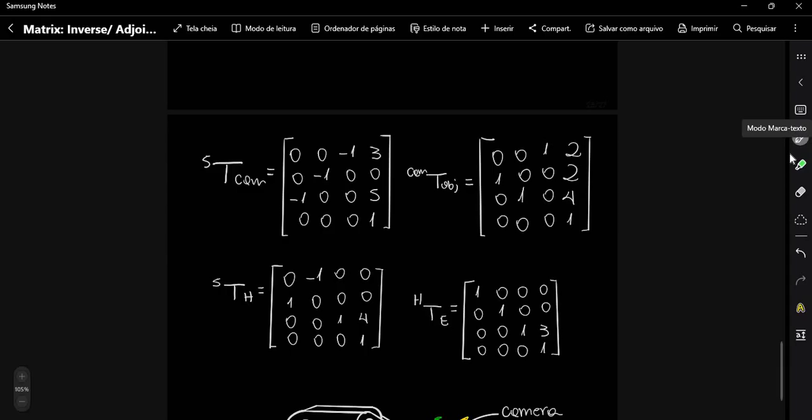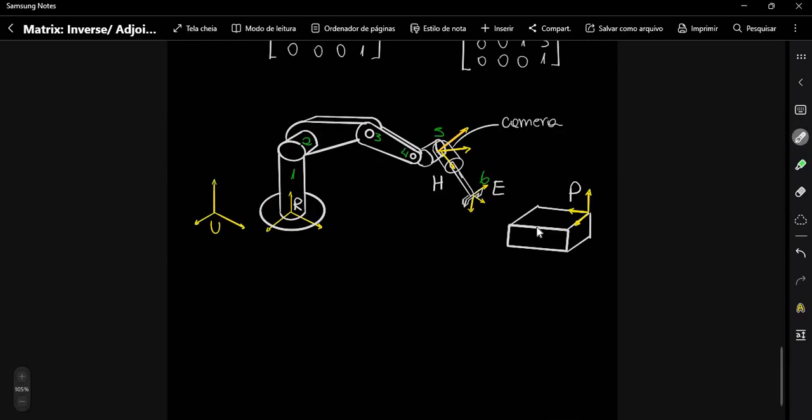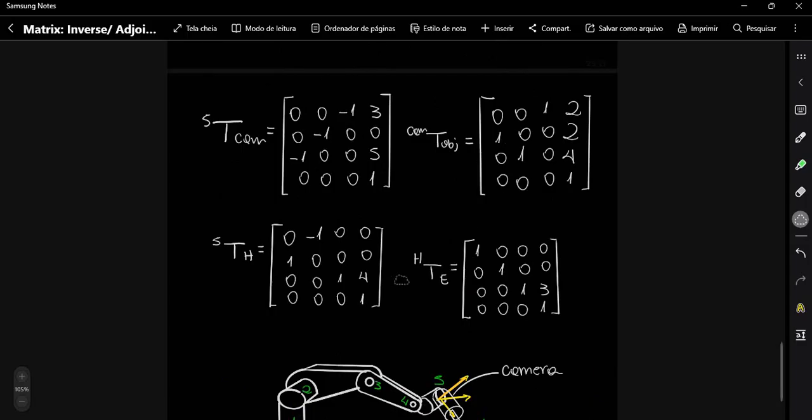What was not provided was the interpretation of how to write these transformations.